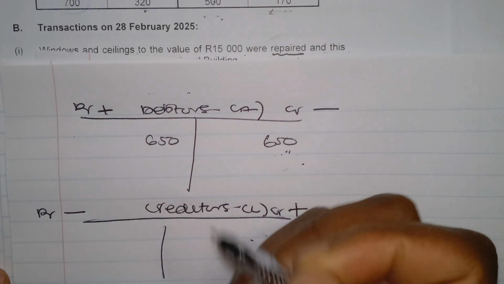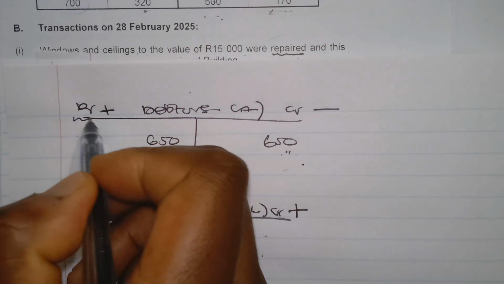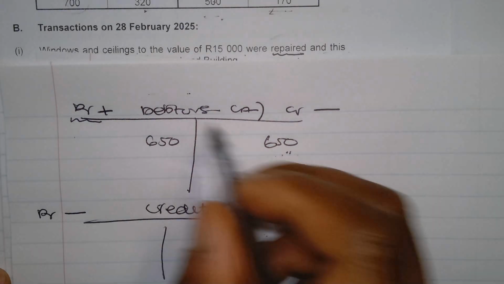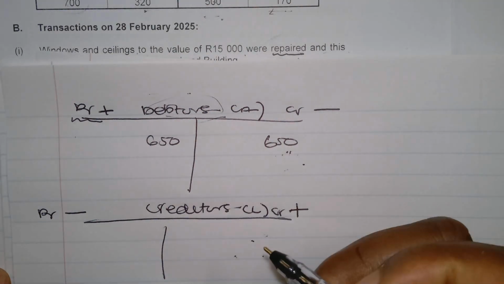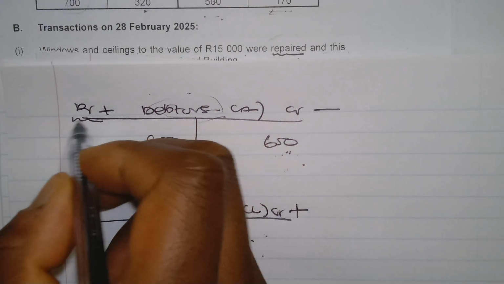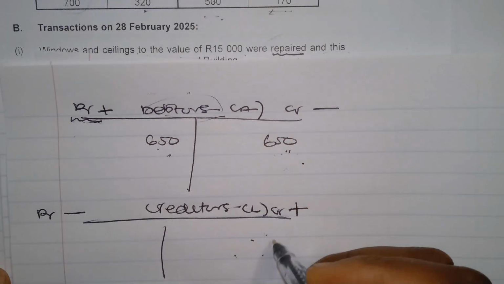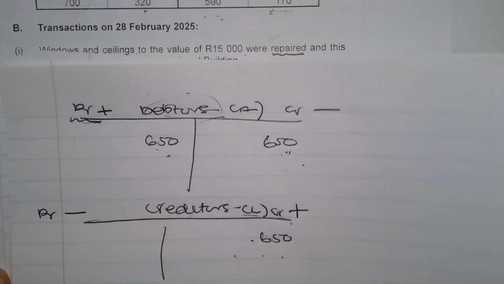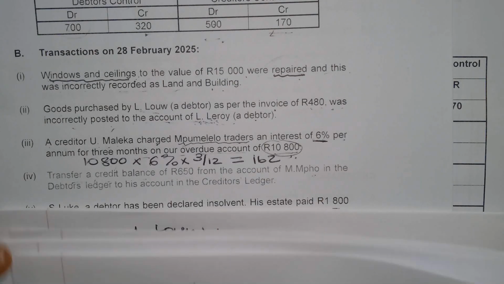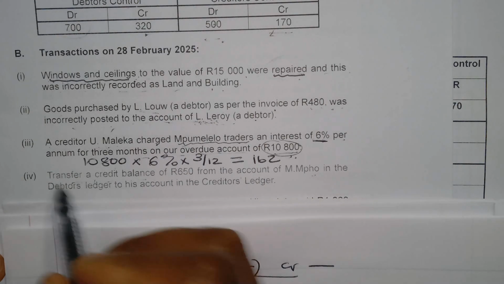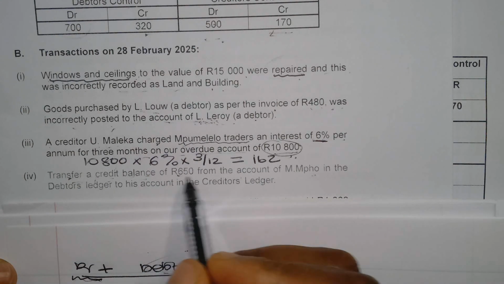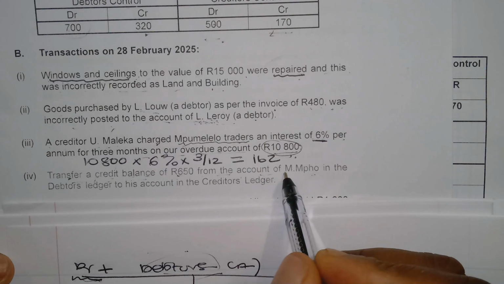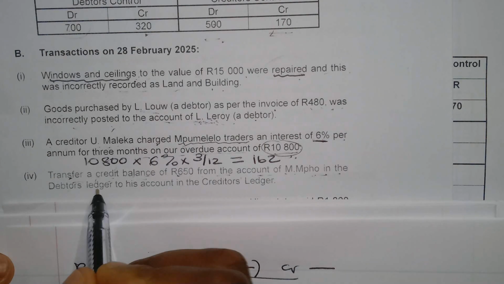of that account. So which means here I've made a debit entry under my debtors control for Mpo. Can you see? And then the debit entry is followed by a credit entry under the creditors control. Why did I write debtors and creditors? It is because they told us to transfer a credit balance of 650 from Mpo's account in the debtors ledger.